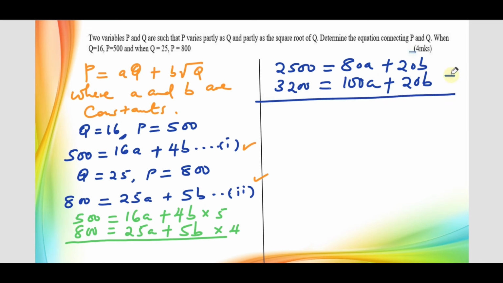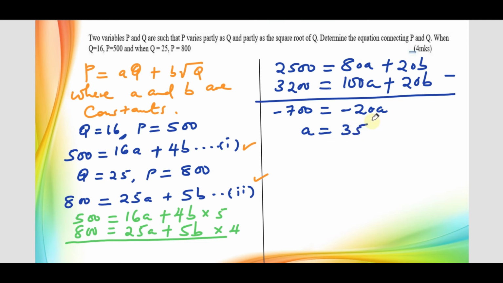Since b is uniform, we can now subtract. When you subtract these, you will get negative 700 is equal to negative 20a, and therefore a will be given by 35.